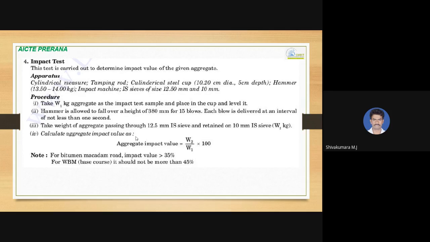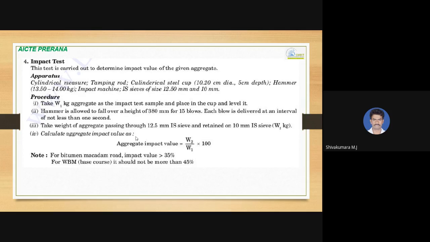It also includes an impact machine as per Indian standard code, and sieves of size 12.5 mm, 10 mm, and 2.36 mm. Totally 3 sieves are required.